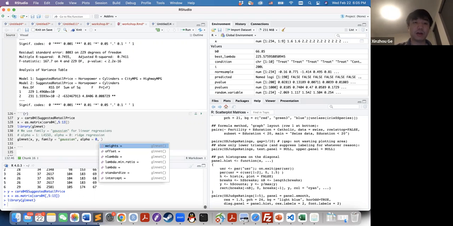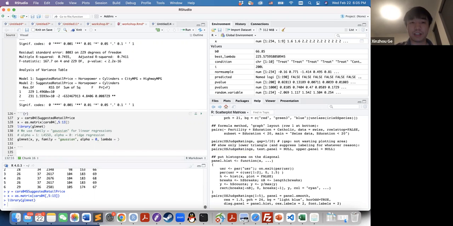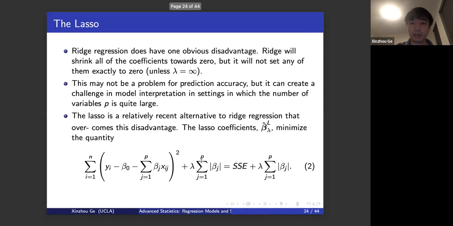We also have another tuning parameter, lambda, in this regression model. And from the slides, we can see that the larger the lambda is, the more penalty we add to the coefficients. So it means that if we have a larger lambda, the coefficients will be further shrunk.